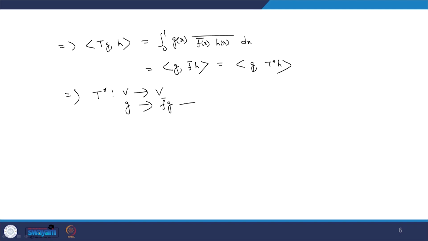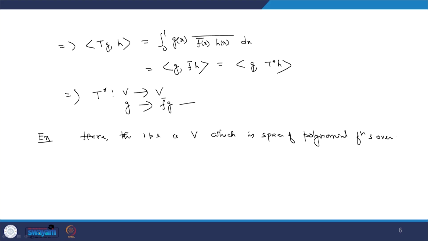Now, let me slightly change the operator. The space is the same: the inner product space V of polynomial functions over the complex numbers C, with the same inner product, the integral from 0 to 1 of f of x times g of x bar dx.